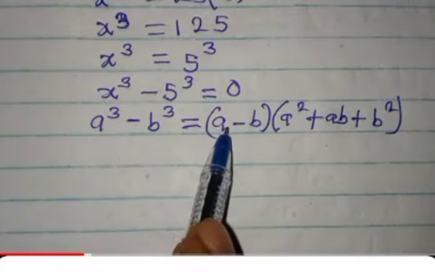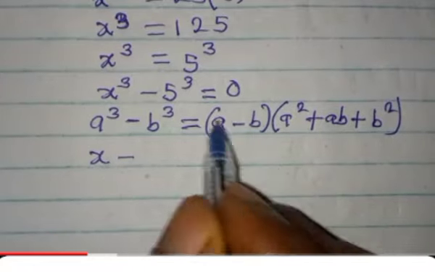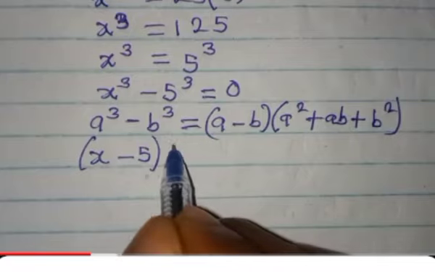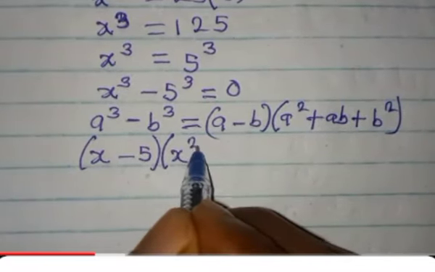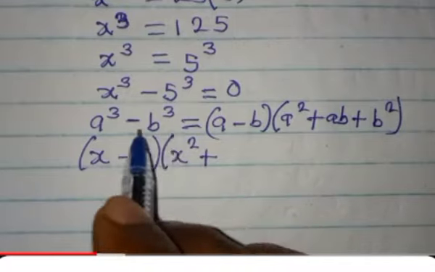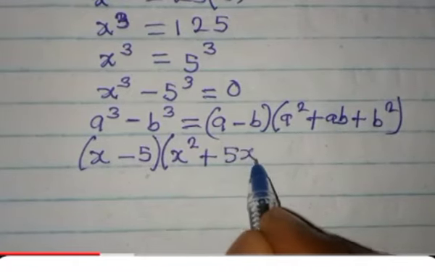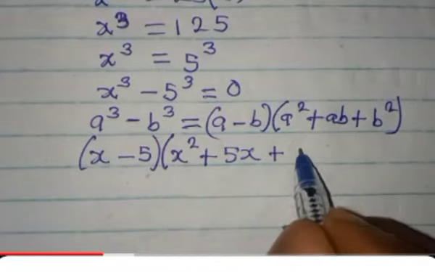Now, in place of a, I'm having x. So put x minus, in place of b, we have 5. Put your 5. Close this. Then go to the next bracket. In place of a, we write x, then square it. Plus ab now becomes 5 times x, that will be 5x. Then plus b squared is 5 squared.